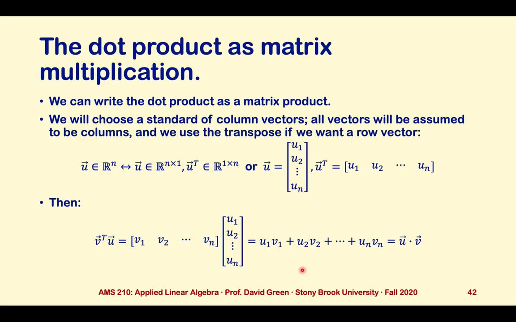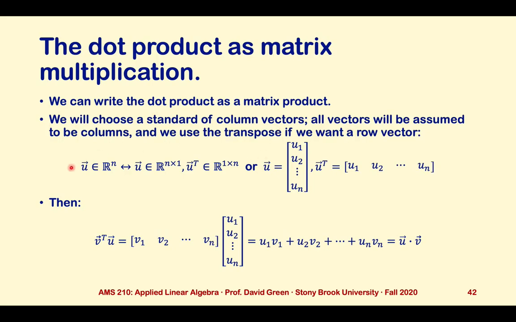With this sort of definition, we can now write the dot product just as a matrix product. We're going to choose a standard where a vector is treated as a column vector by default. Any vector, if we want to write it down, we'll assume that in the language of matrices, it's a column vector.